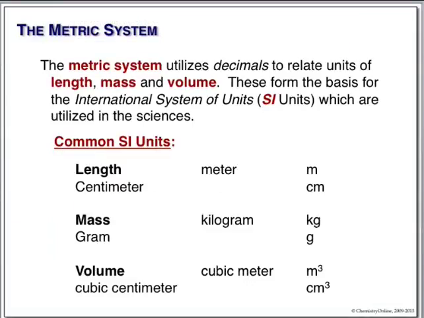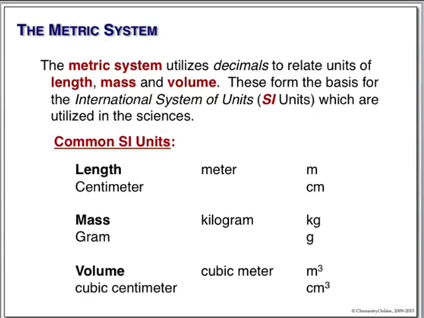All right. Now that we know how to do exponents and stuff, let's apply it to some simple measurements. In science, we tend to measure things using the metric system.